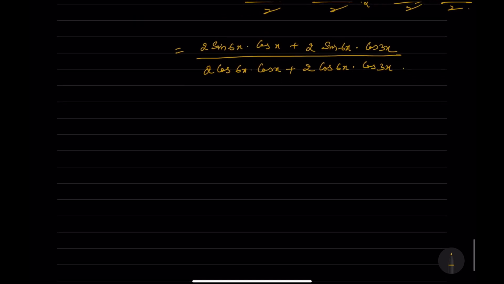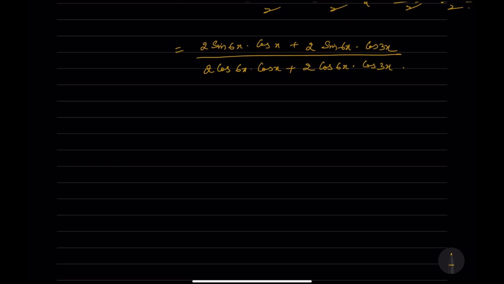So here what can we take out common in the numerator and in the denominator? In the numerator, 2 sin 6x is common, and in the denominator you are having 2 cos 6x common.